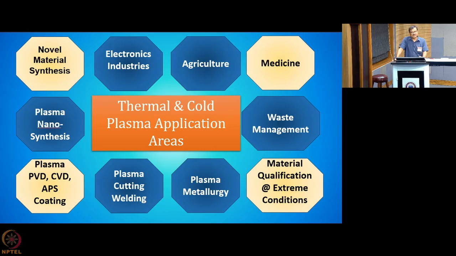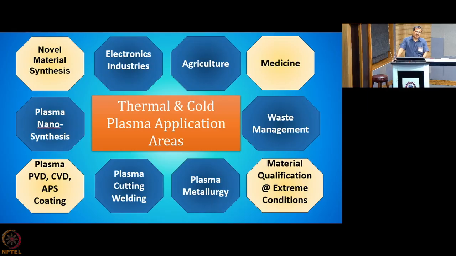All IC industries are using this cold plasma, basically in glow discharge mode. In novel material synthesis, we are synthesizing a variety of novel materials, starting from nanoparticles to graphene-like structures, 2D materials and quantum dots.